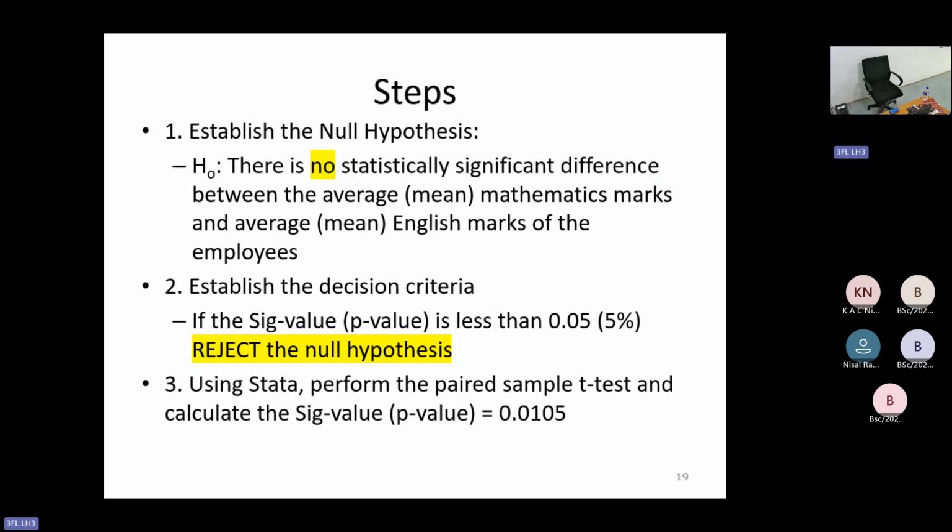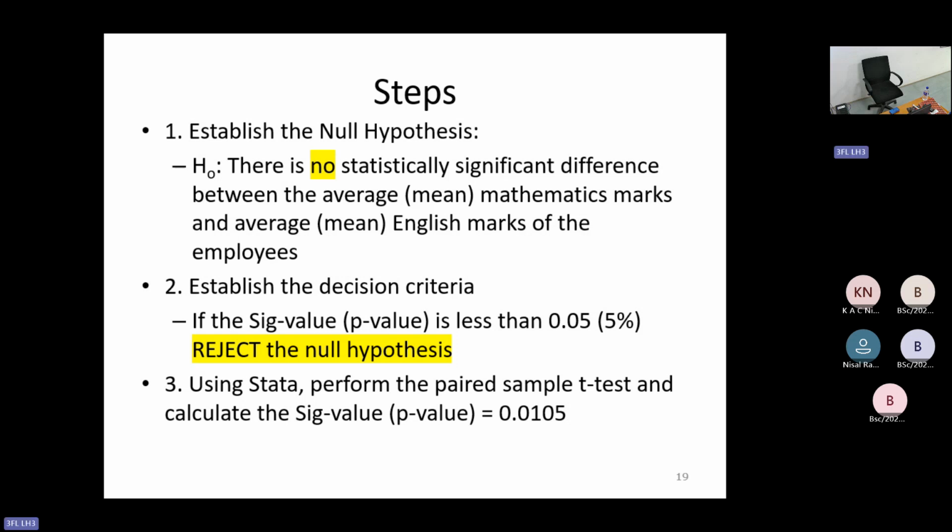Then establish the decision criteria. What's the decision criteria? Again the same thing. If the sig value or P value is less than 0.05, reject the null hypothesis. Always it will be the same. Then step number 3 is what? Using data, perform the paired sample t-test and estimate the sig value.